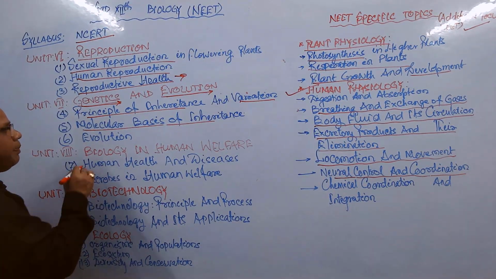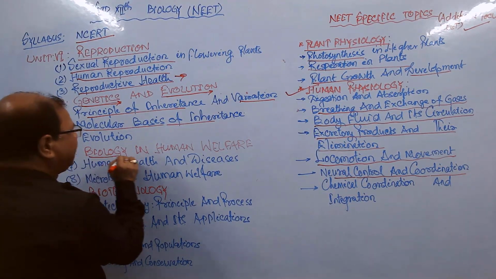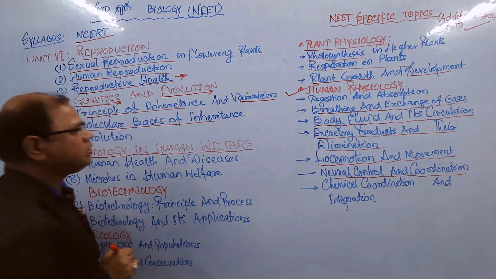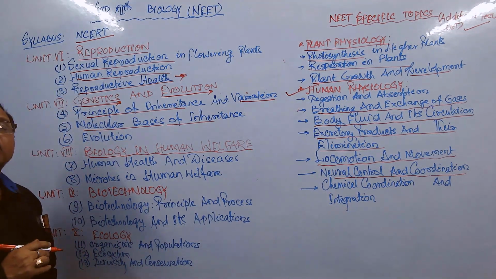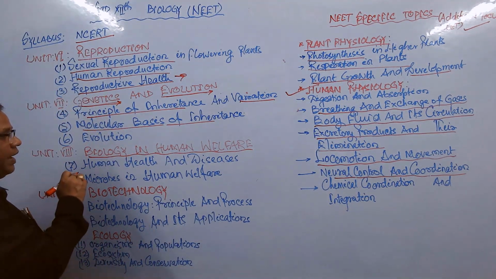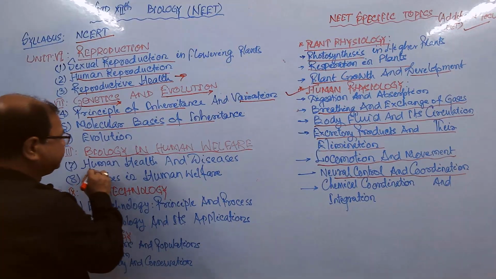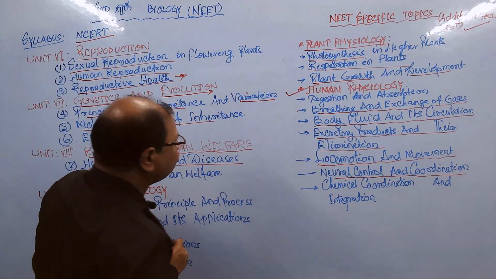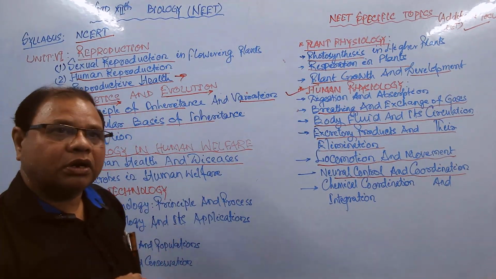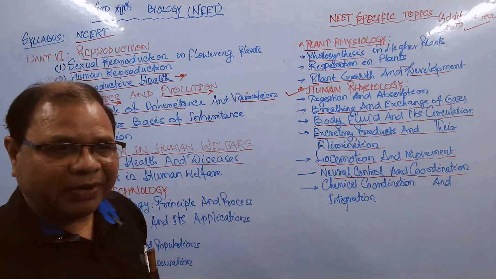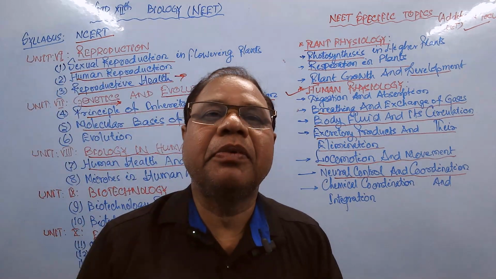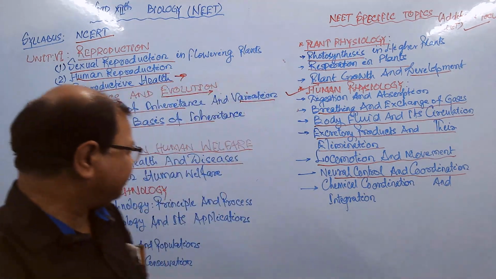Next point, biology and human welfare. Biology is a very important chapter for human welfare. It covers human health and disease, and how human beings can be cured of disease.